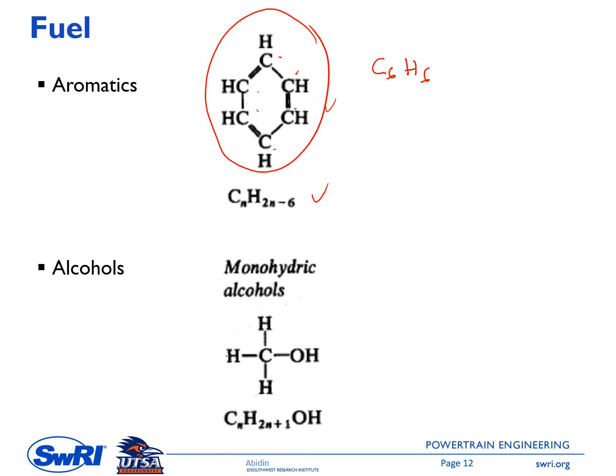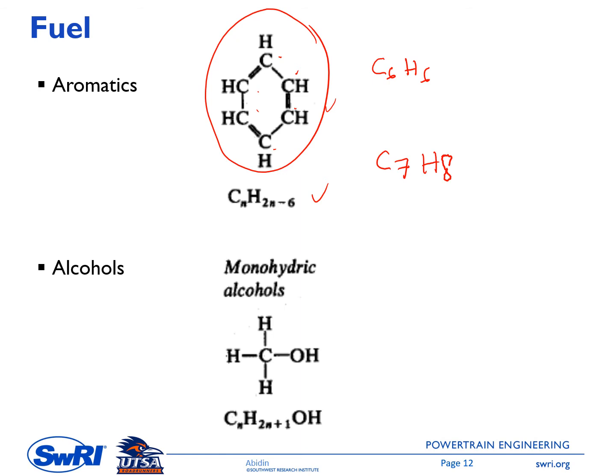This is the formula of this aromatic, CnH2n minus 6. Okay, another example we have is toluene. So toluene, I think it's C7H8, I believe.